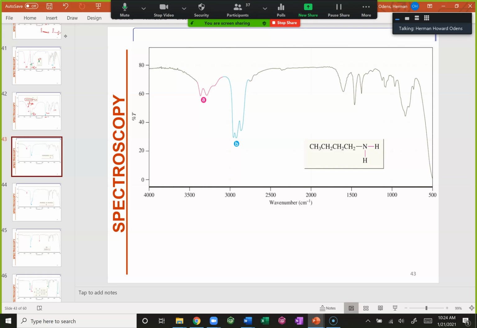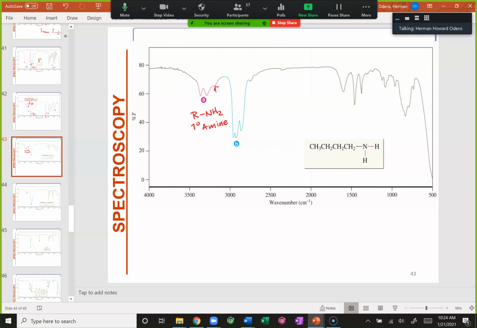All right. What is this? An amine. Is it primary, secondary, tertiary? Primary, very good. So it's a primary amine because it has two hydrogens, and here are your two hydrogen stretches. Don't let this one fool you.